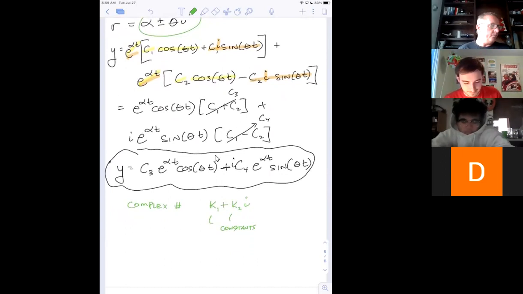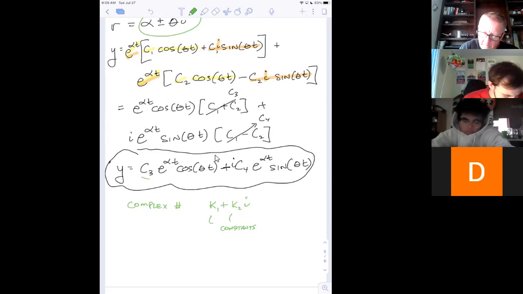Great. So let's think about this for a second. What if I look at that statement above and think of it as just a big, giant, complex number up there, where all of this is just kind of my K1, and all of this is just kind of my second constant.